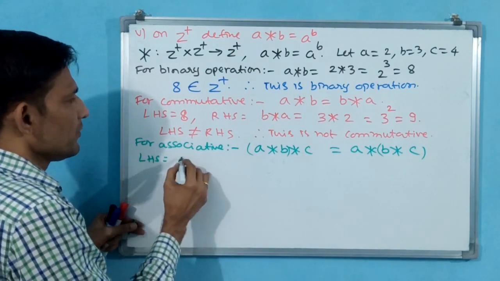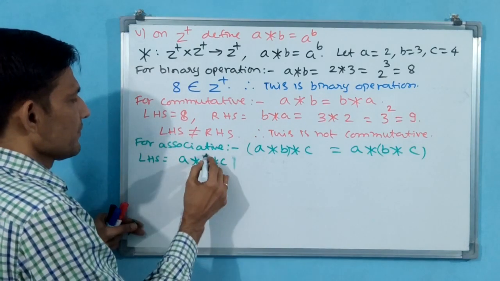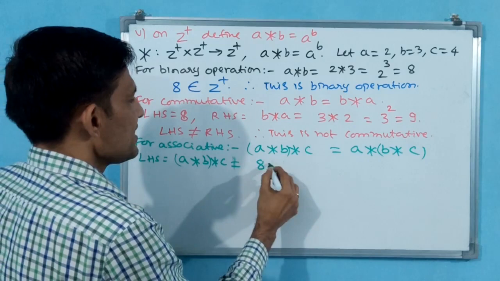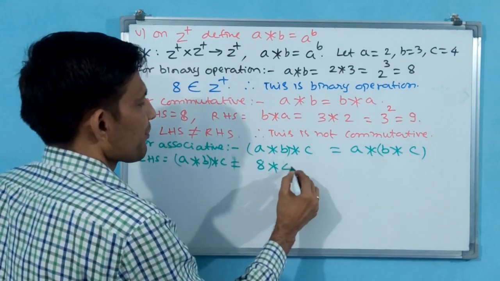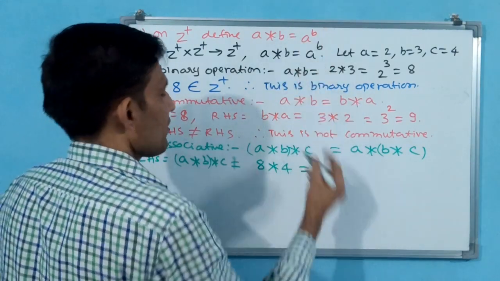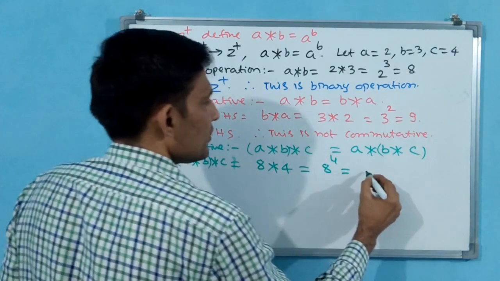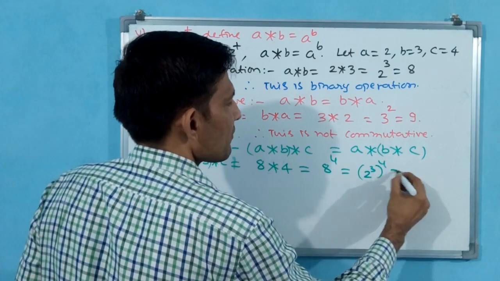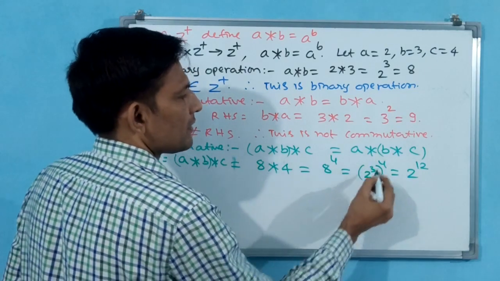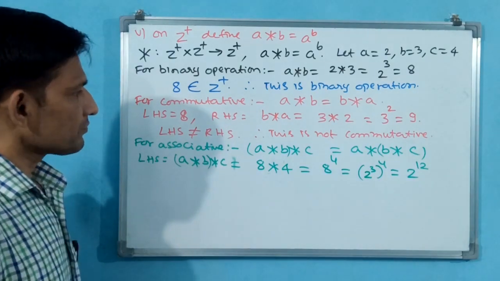LHS is equal to, again you write A star B star C, that is equal to A star B you are having, A star B is 8 star C is how much? 4, that is equal to, now 8 power 4, A power B, 8 power 4. 8 power 4 means you bring it in terms of 2. See, 8 will be 2 power 3 power 4, that is equal to 2 power 12. A power M power N, A power MN. 2 power 12. You keep it like this only. You go for further. RHS.